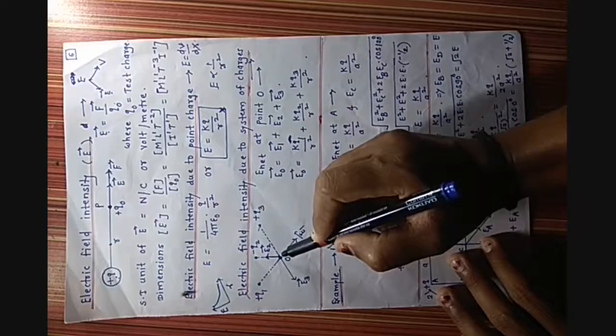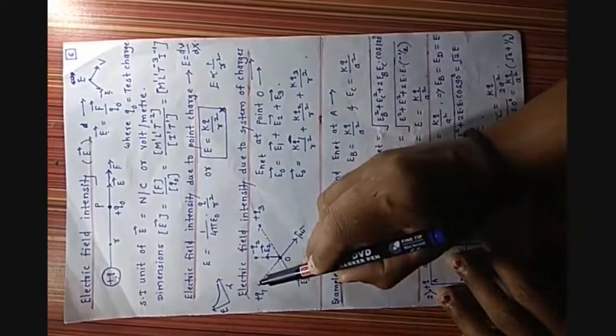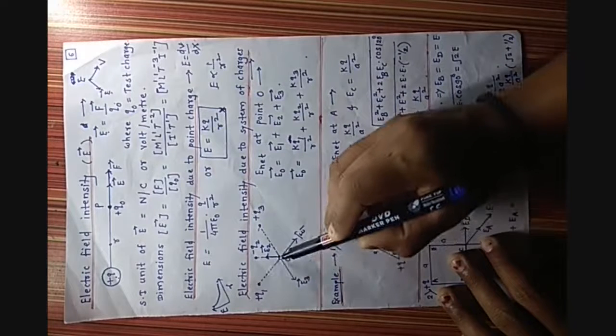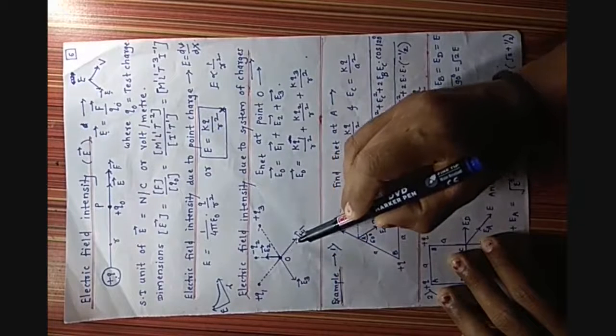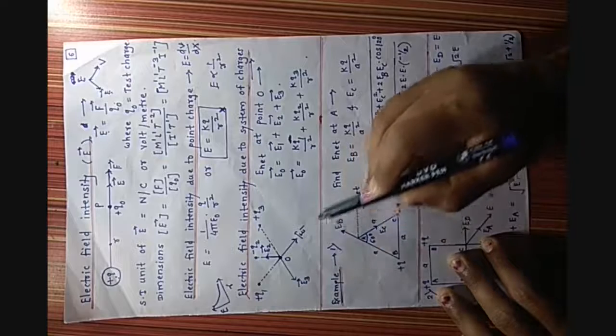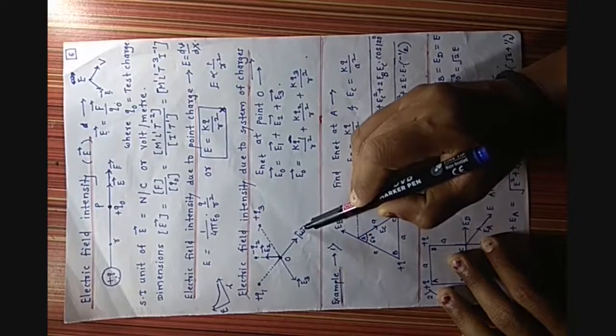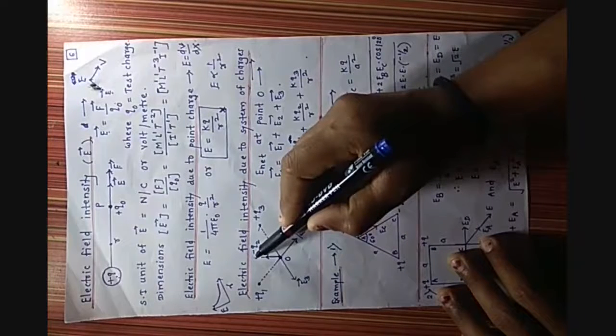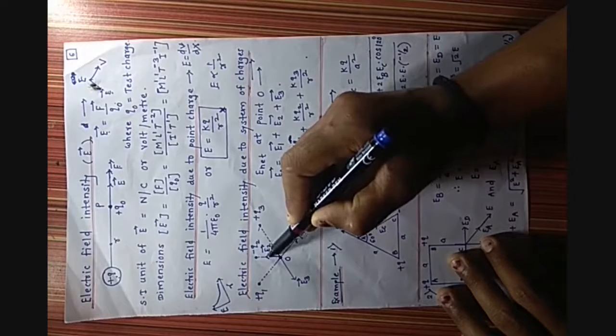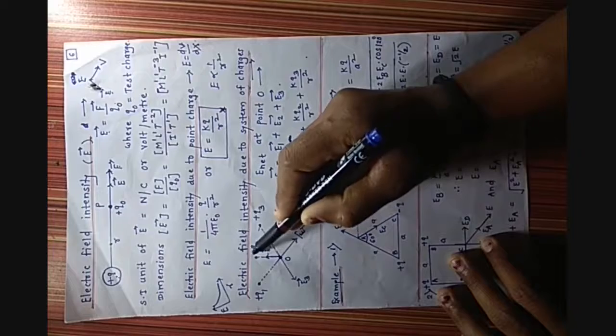First of all, let us see the directions of the electric field intensities. This is a positive charge, so obviously electric field intensity acts away from it. So this is the direction of E1 bar. Now this is a negative charge, so the direction of electric field intensity is towards the charge.